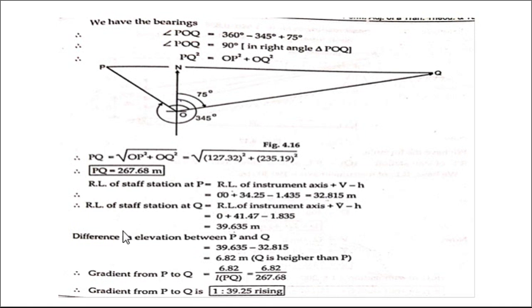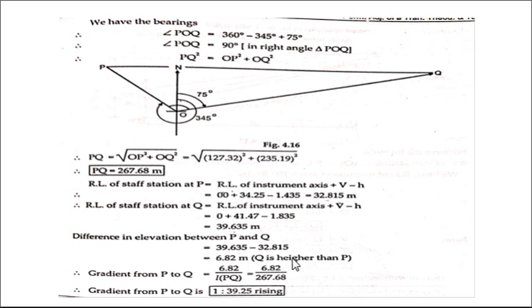Similarly, RL of Q is equal to RL of instrument axis plus V minus R. Again substituting values, we will get RL of Q as 39.635. Then the difference in elevation between P and Q is the subtraction of the two RLs: 39.635 minus 32.815 is equal to 6.82 meter.